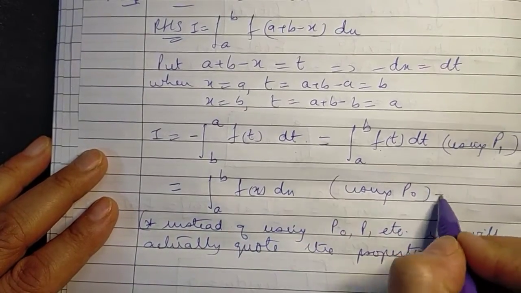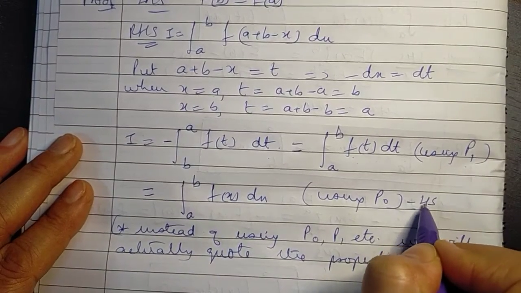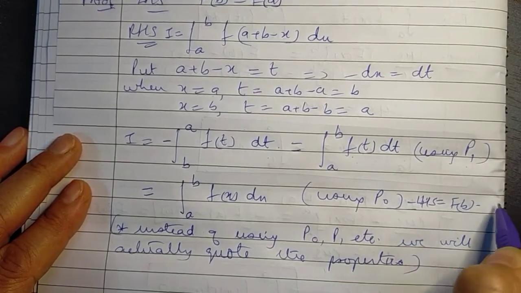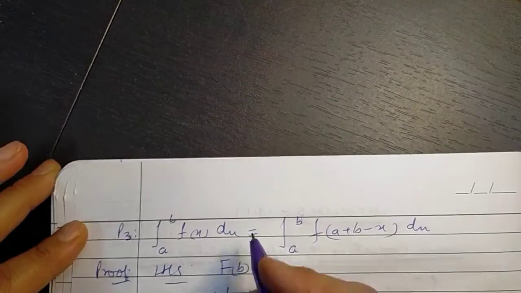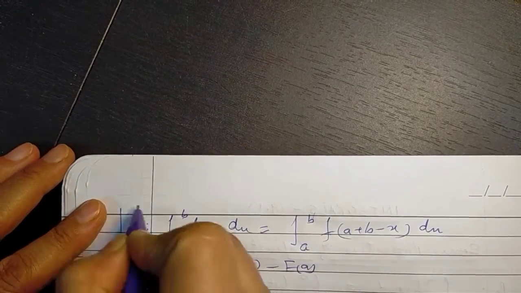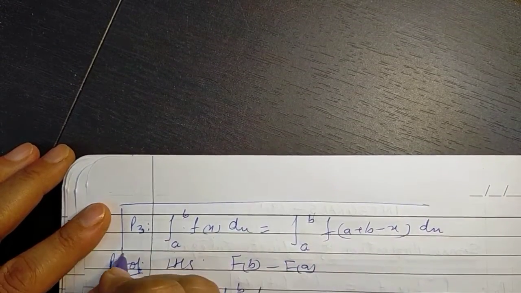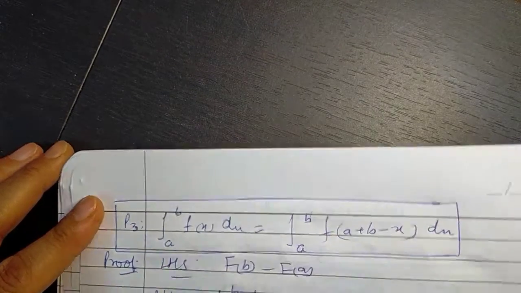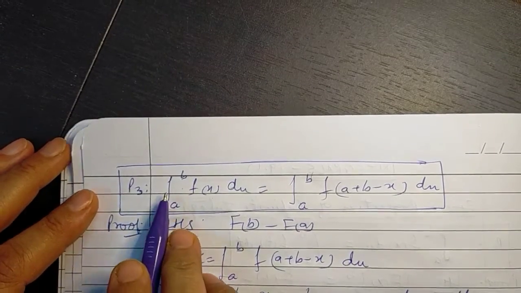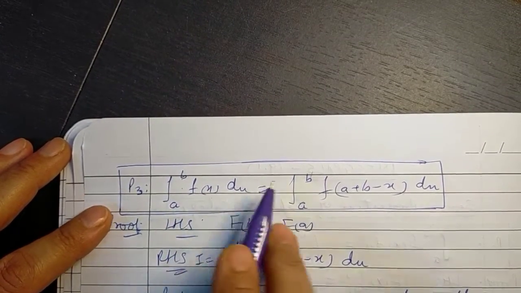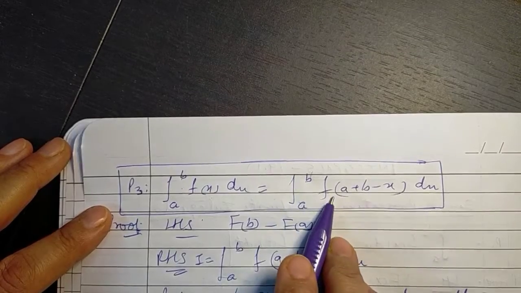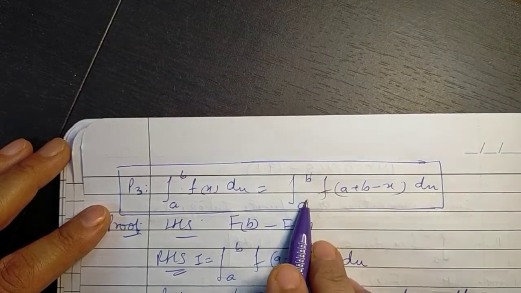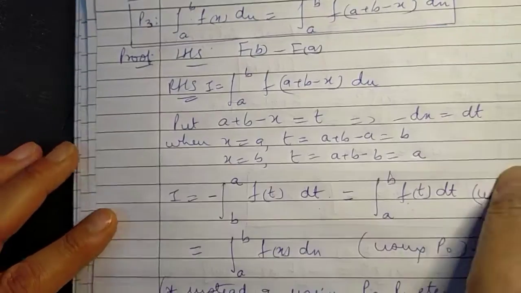And this is equal to the left hand side, which is f(b) minus f(a), and hence we can easily use this property also, that whenever we are given an integral a to b f(x) dx, we can easily write it as from a to b f(a plus b minus x), where a and b are the lower and the upper limits respectively.